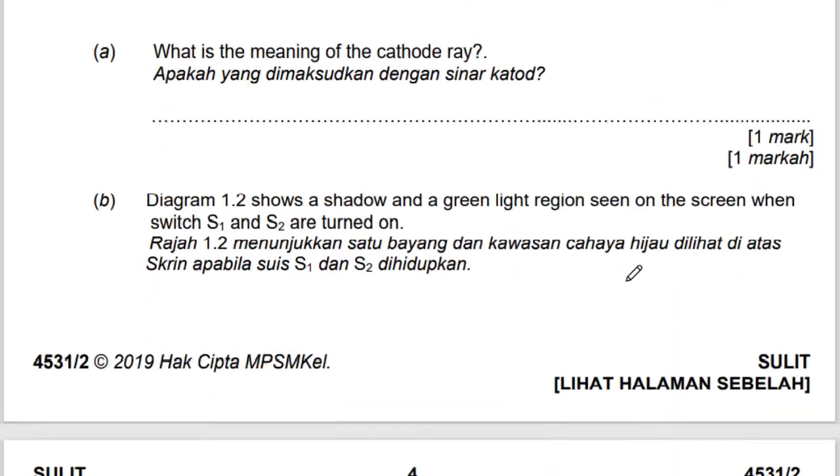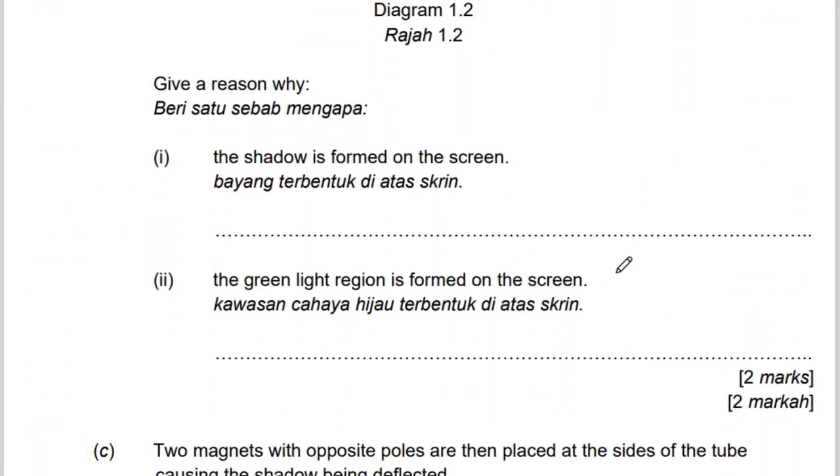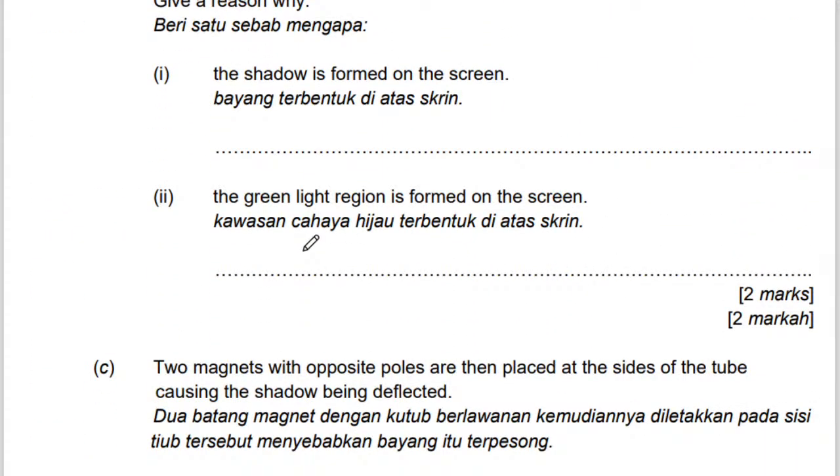So the answer is: the cathode ray collides with the screen, and the kinetic energy changes to light energy. Most of you got the answer. Kinetic energy converts to light energy, correct.